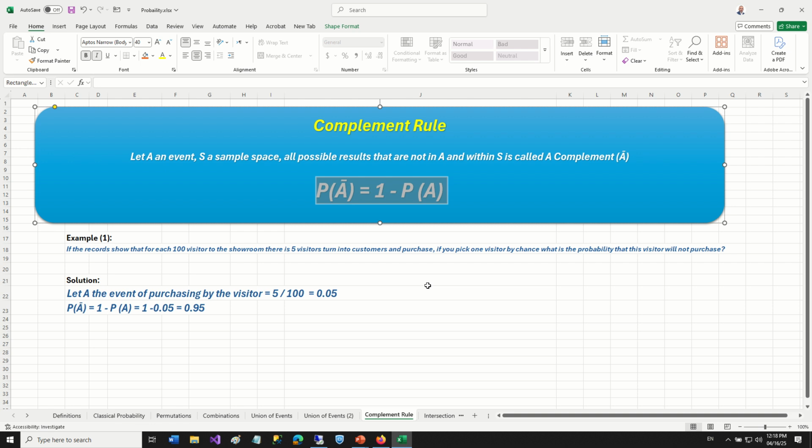So as a solution, let A be the event of purchasing by the visitor, which equals 5 divided by 100, meaning 5%. So the probability of A complement equals 1 minus probability of A equals 1 minus 5% equals 95%.